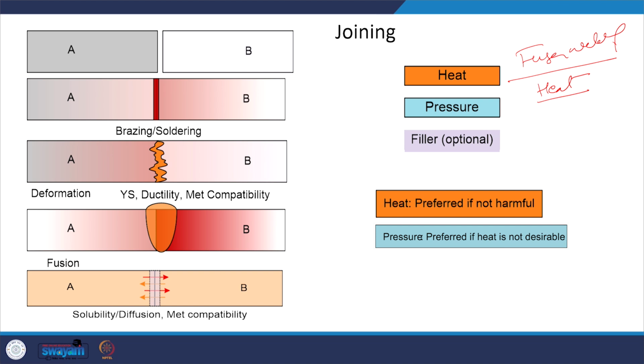We will see that neither a very low nor a very high amount of heat is favorable, because very little heat leads to defective weld joints, while a large amount of heat compromises the base metal properties and also the weld metal properties significantly. So, we need to optimize the amount of heat being supplied.